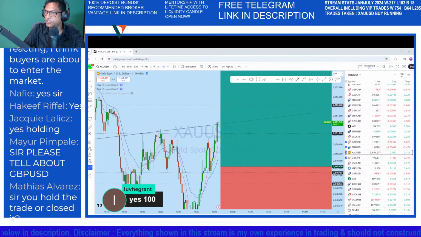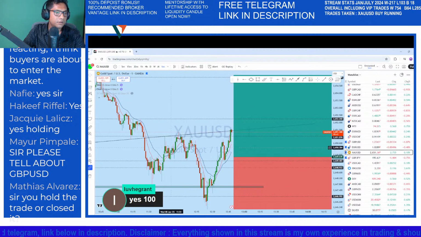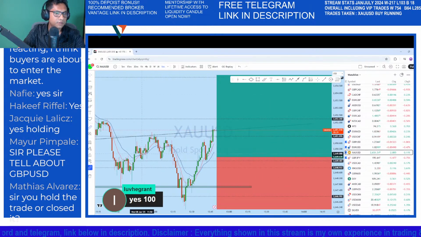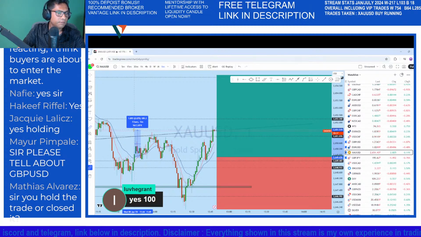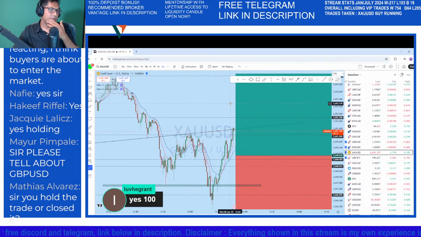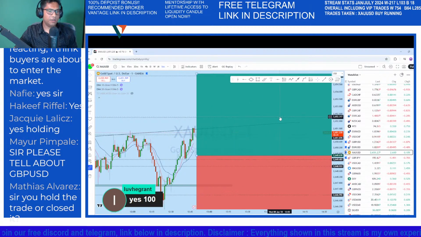So going in that direction. Okay, so here so far we are now running 19 pip profit. News is coming, we'll still be holding.